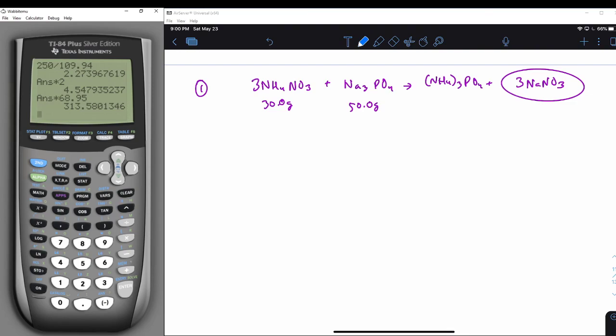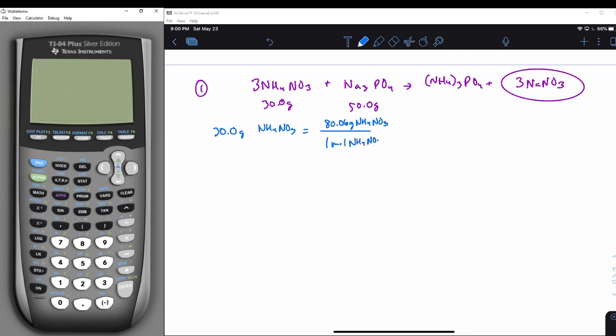And so here I will do 30.0 grams of NH4NO3, and I will do the proportion method here, and I will say that 80.06 grams of NH4NO3 is equal to 1 mole of NH4NO3.